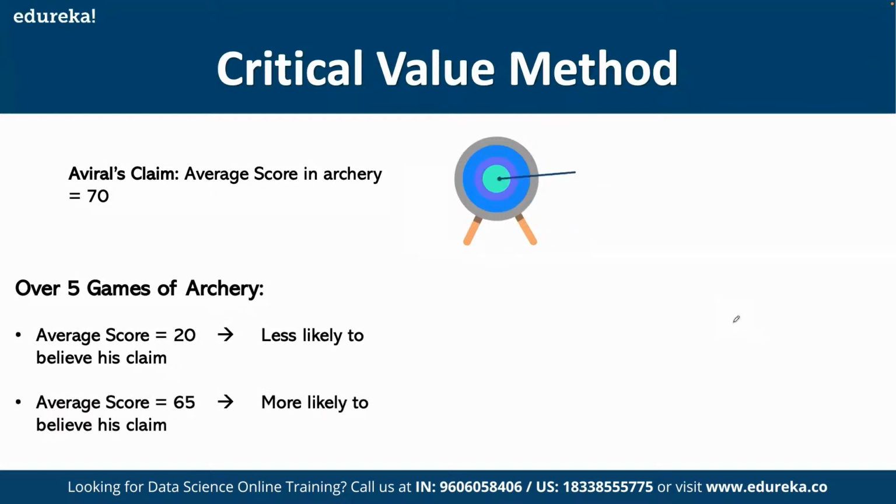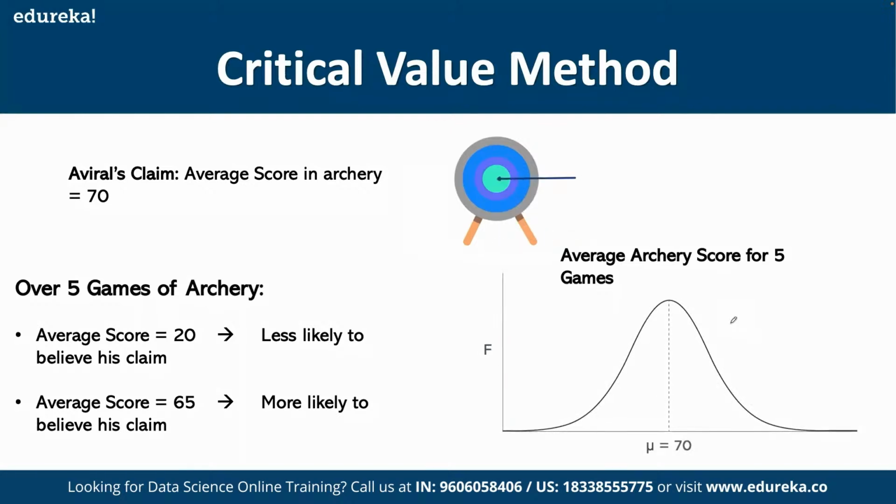Over 5 games of archery, this is how the data is. If the average score is 20, then it is less likely to believe this claim. If the average score is 65, it is more likely to believe his claim because this is much closer to the value of 70.